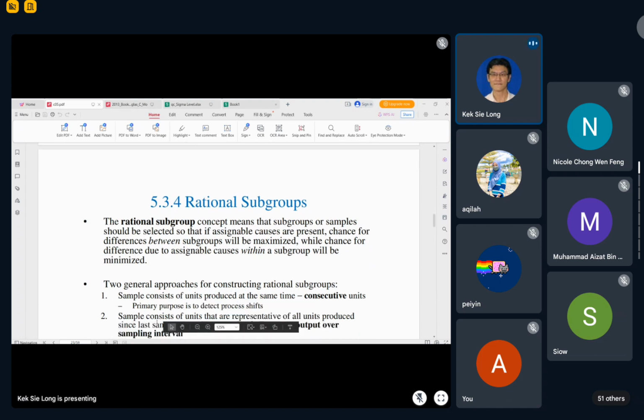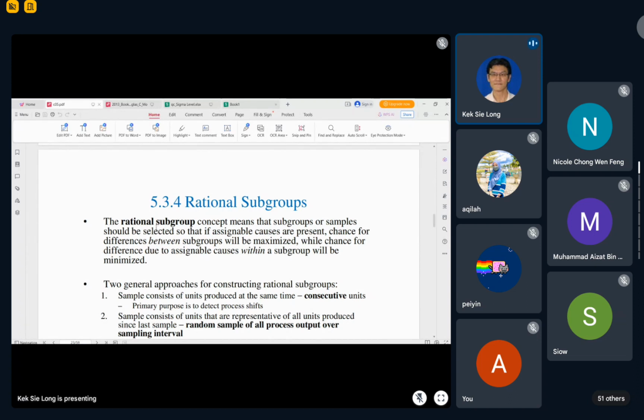Now, we still have a few minutes to go. Let's go through these rational subgroups. As I mentioned to you, quality control is an extension from data analysis, extension from sampling. And it's true because so far we have sample size. So in quality control, when we consider samples, there are some terms in the sampling.